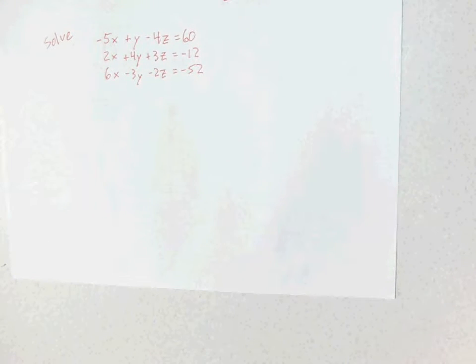Do you think that you want to solve that system by graphing? How many variables are there? 3, that would be a 3-dimensional graph. Have you ever graphed in 3 dimensions? I have, and it's not necessarily a lot of fun. And we're certainly not going to talk about it in this class. So, we don't want to solve that by graphing.